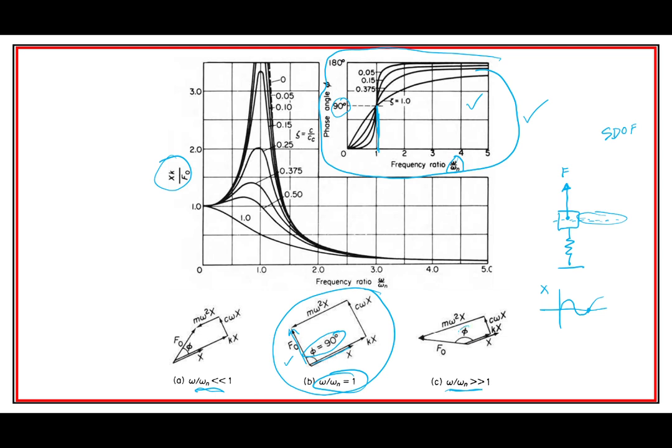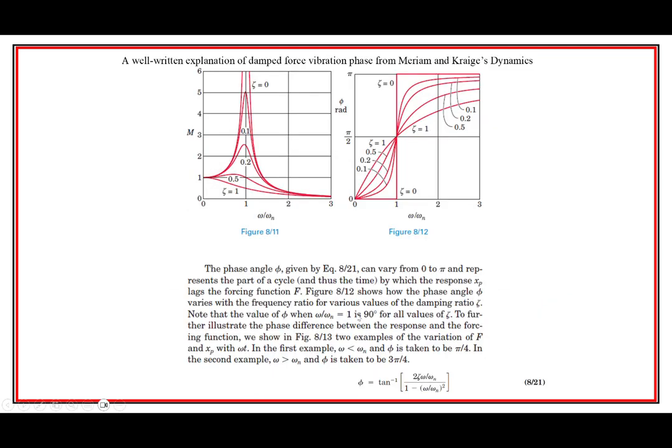So right here we're going to be this direction over there, and I want to say that the force is leading the response, and on this one the force is sort of lagging the response. That's what at least I want to say.